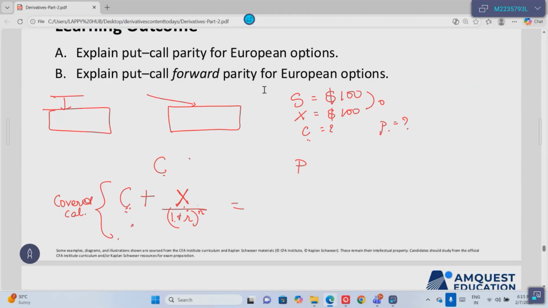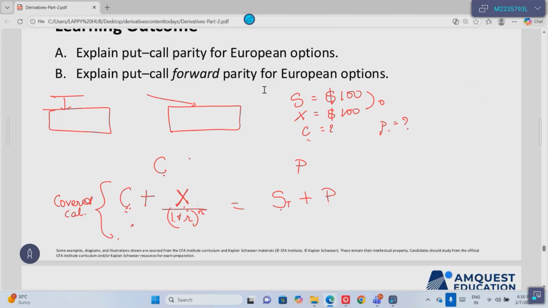Now come to the put side. Suppose I have a stock with me. I bought the stock for whatever. Let's say I bought it for $90, or 95, and I want to make sure that I get nothing less than $100. So I'll go and buy a put. When I buy a put at $100, it means this stock is protected. This stock will be sold at 100 or above 100. This stock will not go below 100.